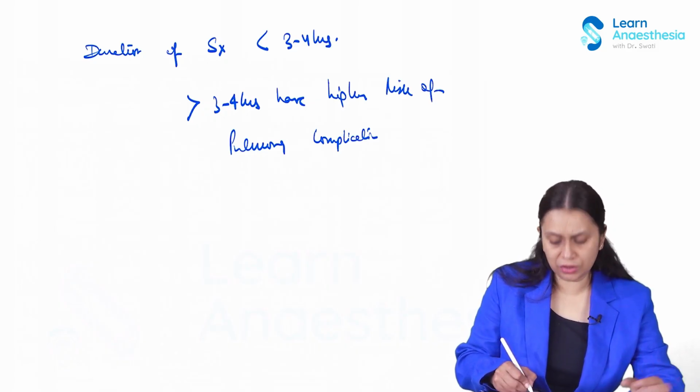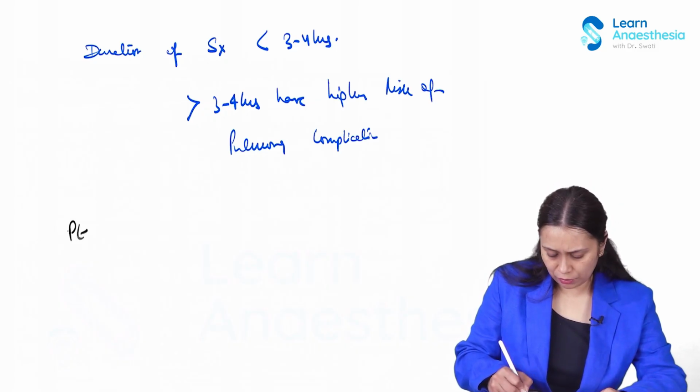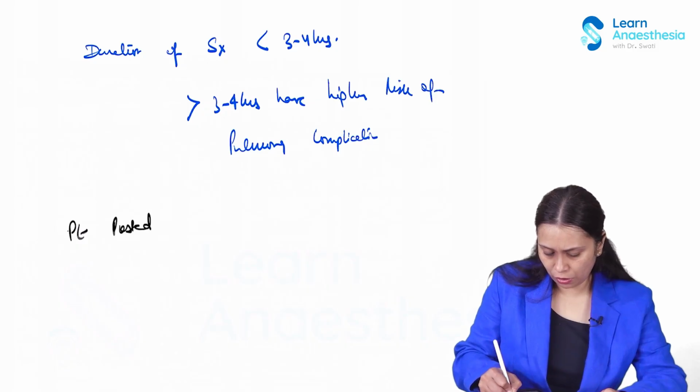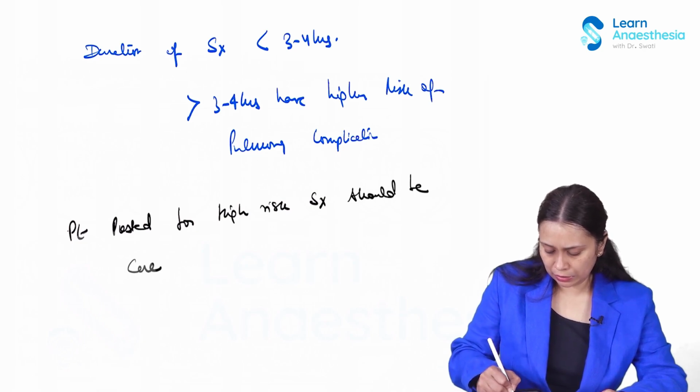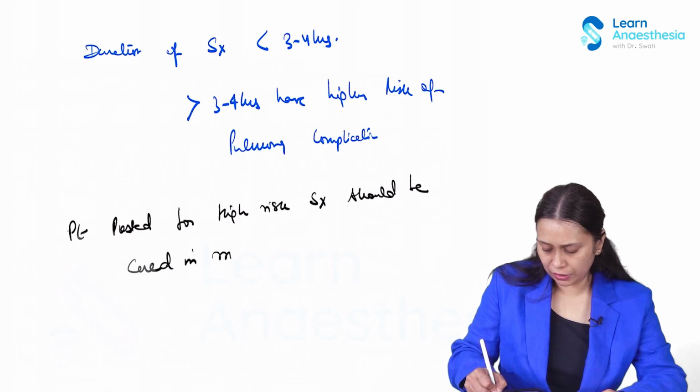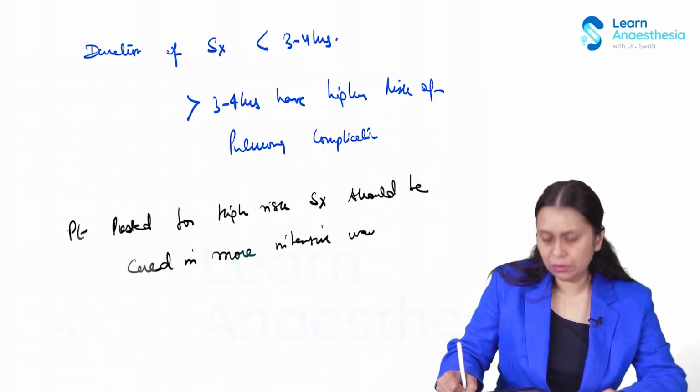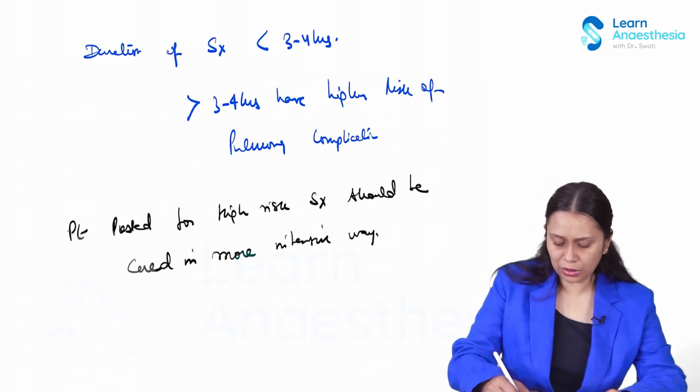So there are some high-risk surgeries. Patients posted for high-risk surgery should be cared for in a more intensive way. Multiple strategies should be employed in them. So what are the high-risk surgeries?